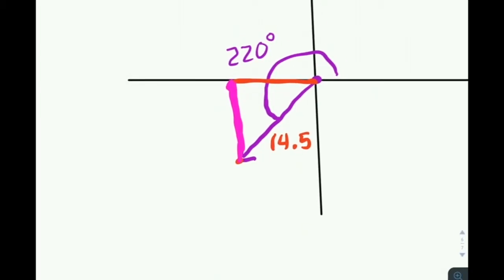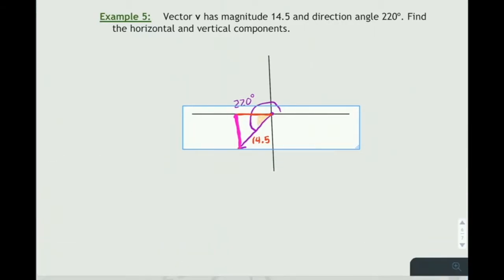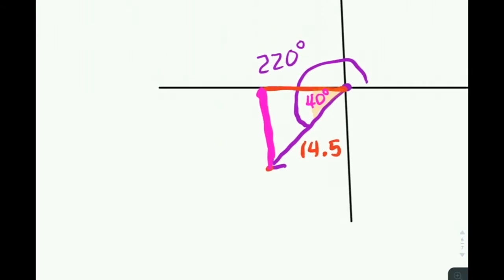The angle in the corner of your triangle is 40 degrees past 220. So my reference angle, I could label as a 40 degree angle in there. Then use what you know about trig functions to figure out your other two side lengths, or your x and y coordinates, depending on how you're thinking about it.